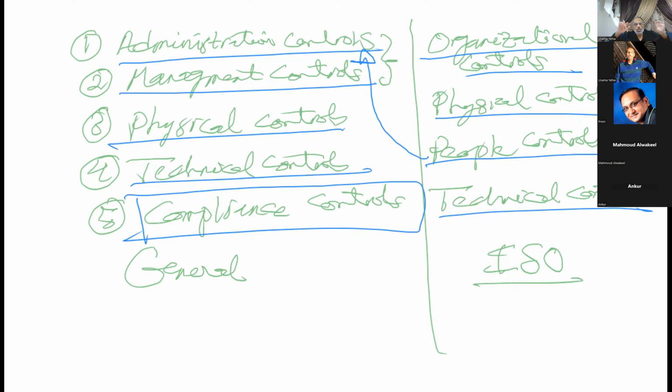He will give you some words in the question, and he will mention these words again in the answer, then you will say they are the same. I don't care even if they are the same, but by the end of the day, I know the classification of the controls: here we have 5, here we have 4. That's it. Take it or leave it. I don't have any other controls.